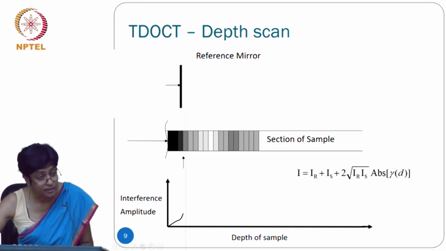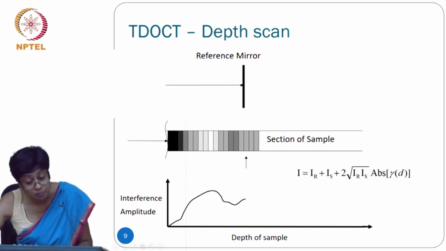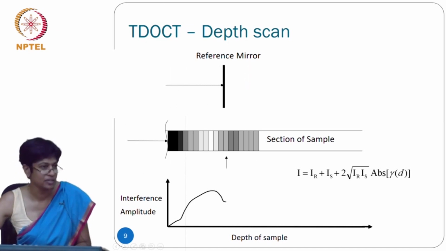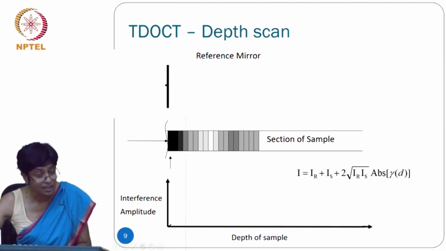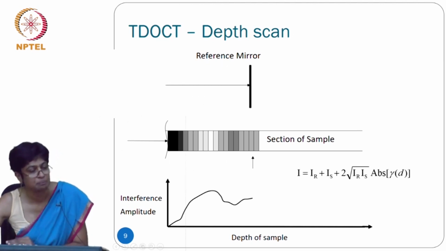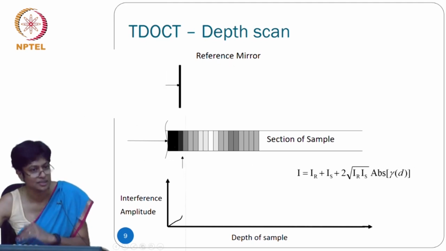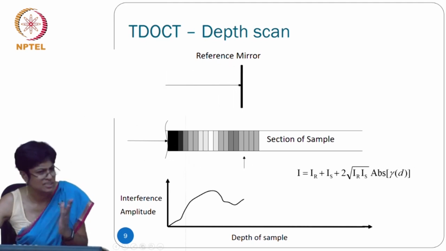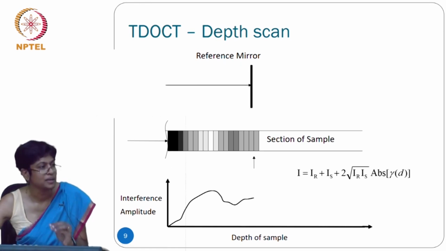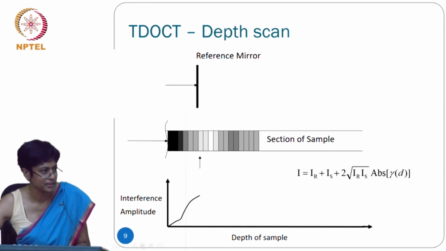And if you're able to monitor the location of the mirror, and you know the refractive index of the sample, you can tell what kind of scattering is happening at what depth within the sample, right? Simple concept, working purely by the method of coherence gating.